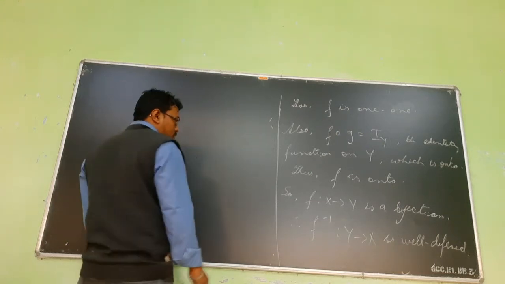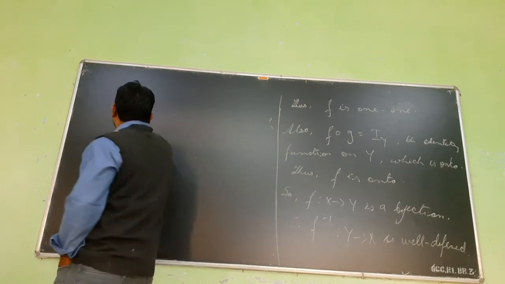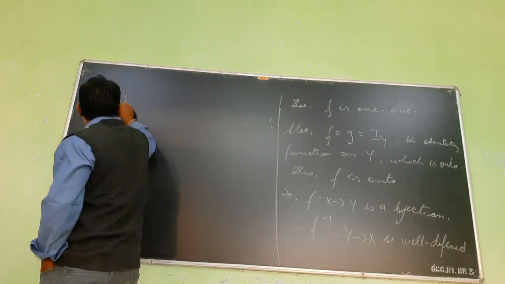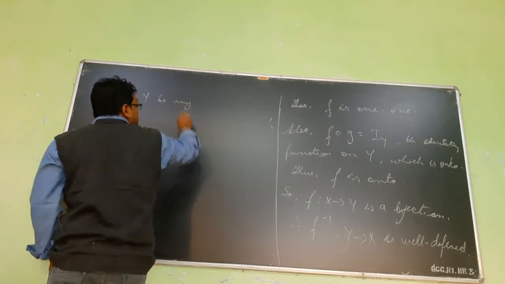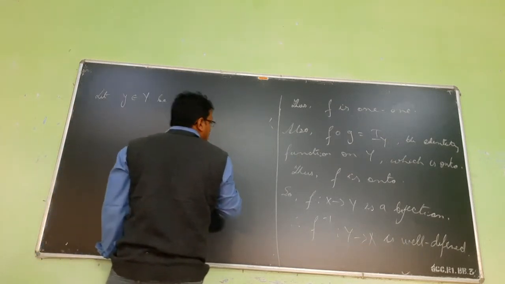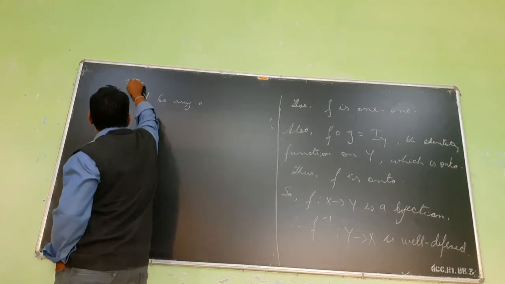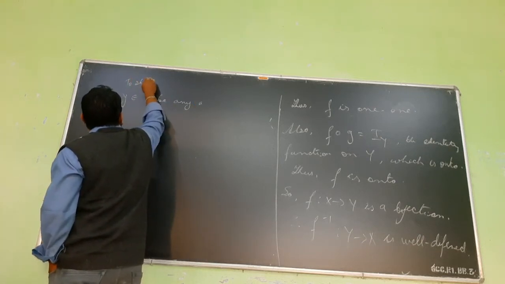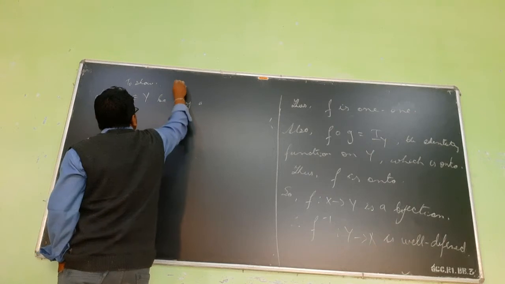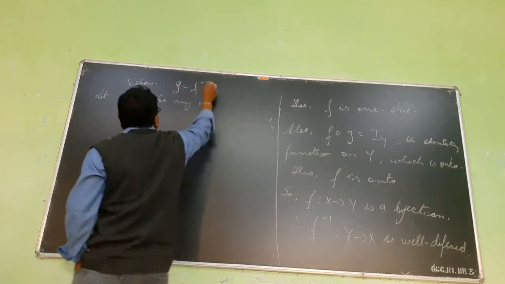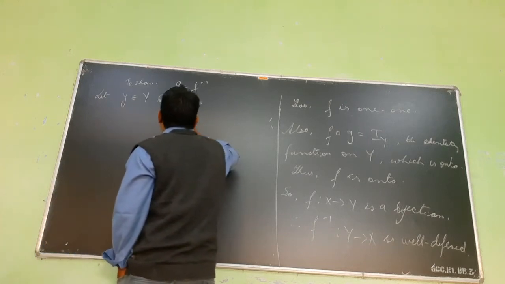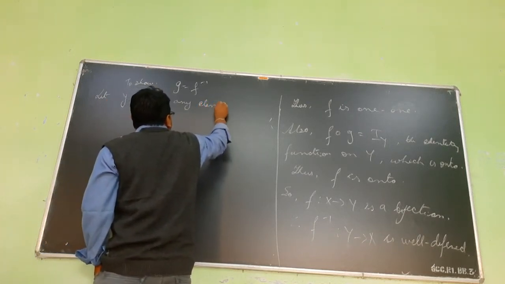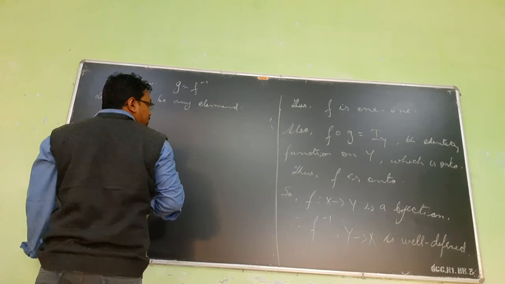So f inverse from Y to X is defined. Now let y belong to capital Y be any element. What I have to show is g is equal to f inverse. So let y belong to capital Y be any element.